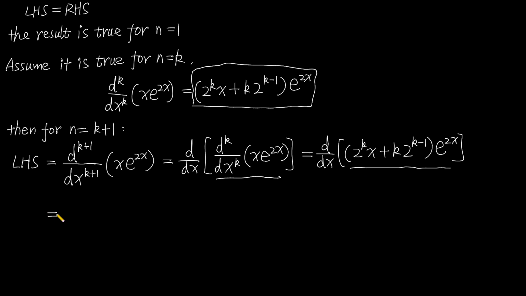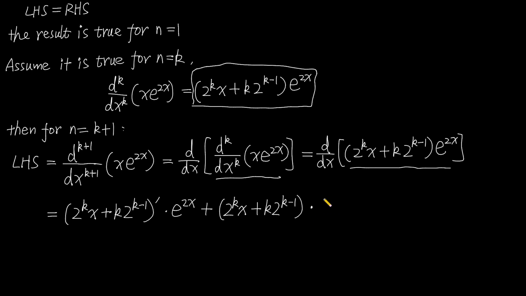So this equals the derivative of (2 to the power of k x plus k multiplied by 2 to the power of k minus 1) multiplied by e to the power of 2x plus (2 to the power of k multiplied by x plus k multiplied by 2 to the power of k minus 1) multiplied by the derivative of e to the power of 2x.